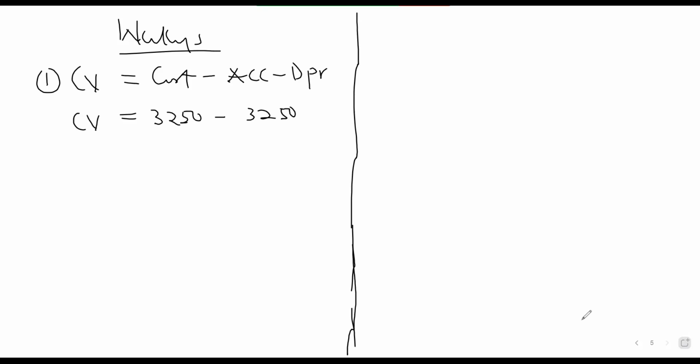Divided by 10 over 1 year. Is that correct? The depreciation is only 1 year. Yes, sir. If that is correct, can I also calculate the carrying value as 3250 divided by 10 times 9?